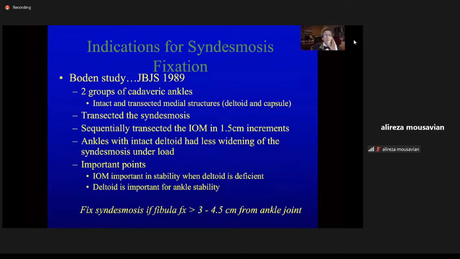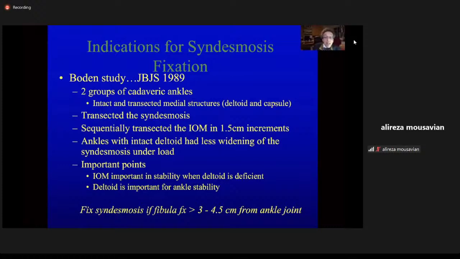So what are the indications for fixing it? Well, we know from Bowden's study in '89 that basically with sequential transection, the interosseous membrane got wider and wider. And certainly when the deltoid is deficient, we feel it is more important to address the syndesmosis. But I would say no matter what, we are fixing the syndesmosis.